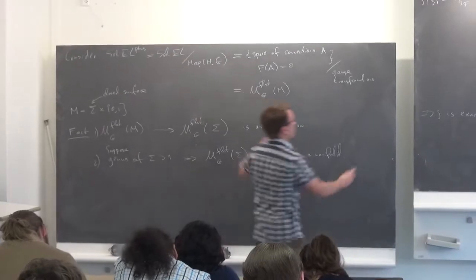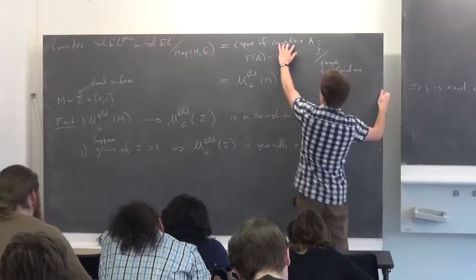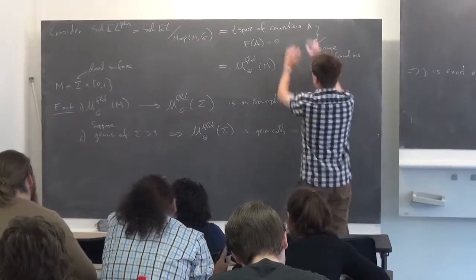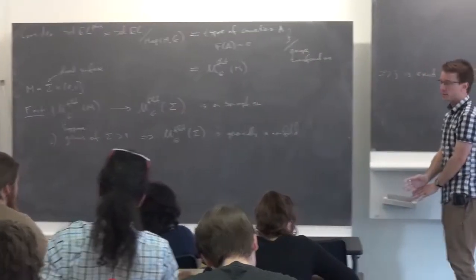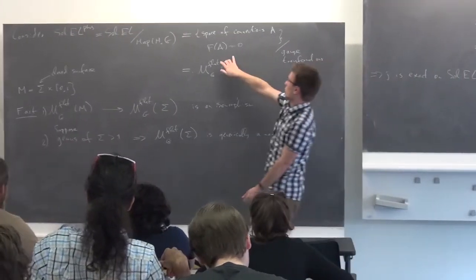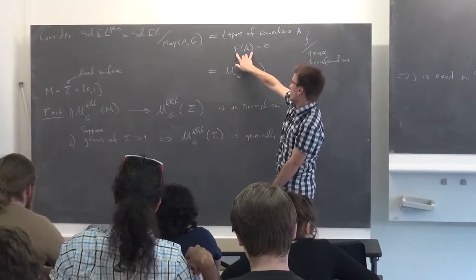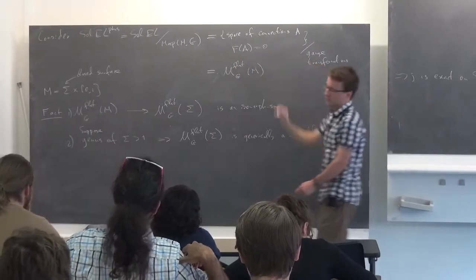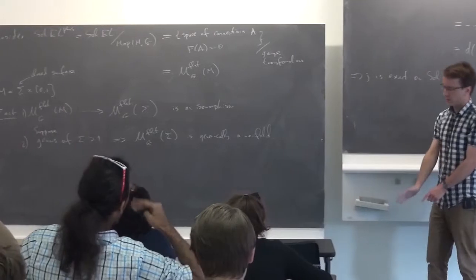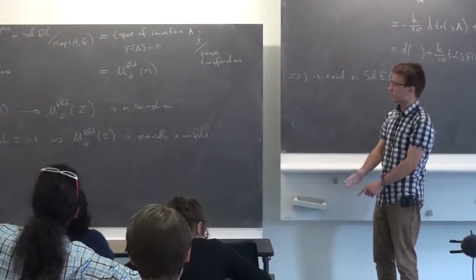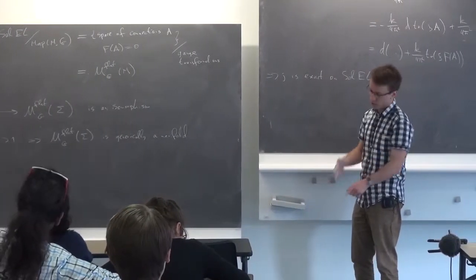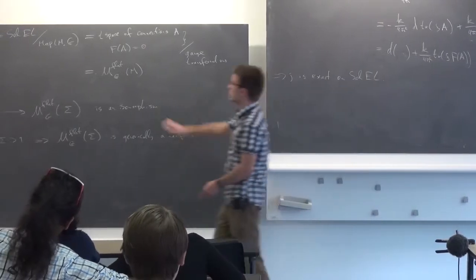You look at some vector space, the space of connections, which is just the space of one forms. Then you impose some condition, which is that the curvature is 0. Now the curvature being 0 is not a linear condition, so it's not a vector subspace, but instead it cuts out some interesting non-linear subspace.